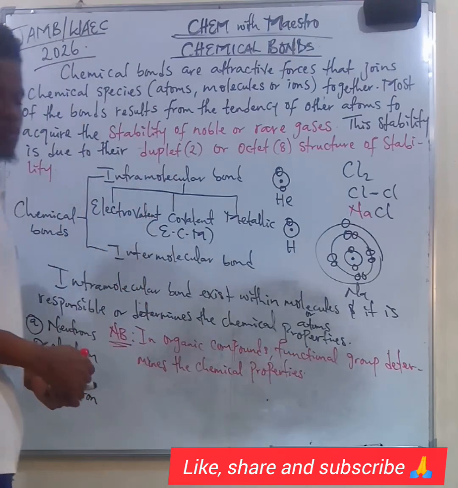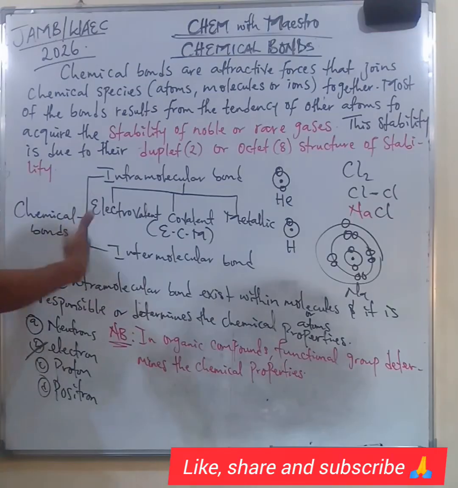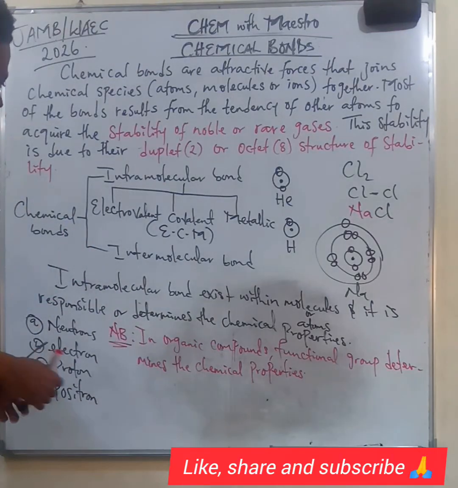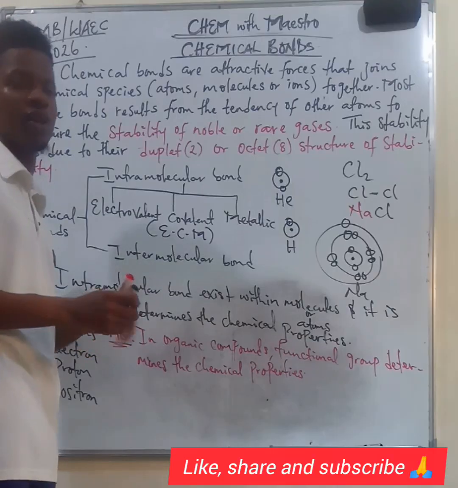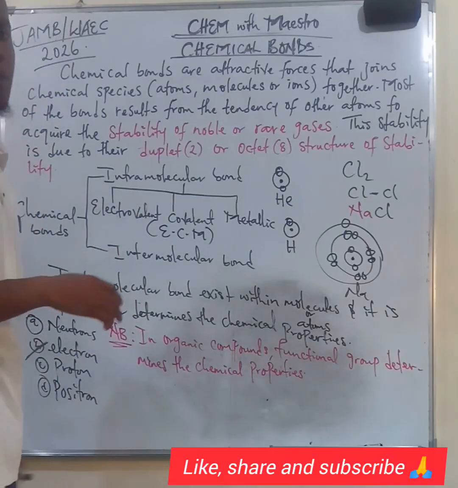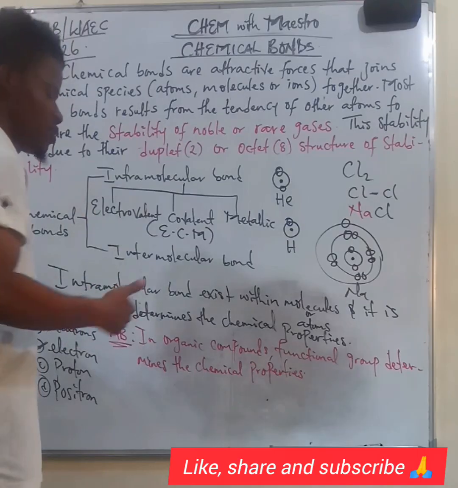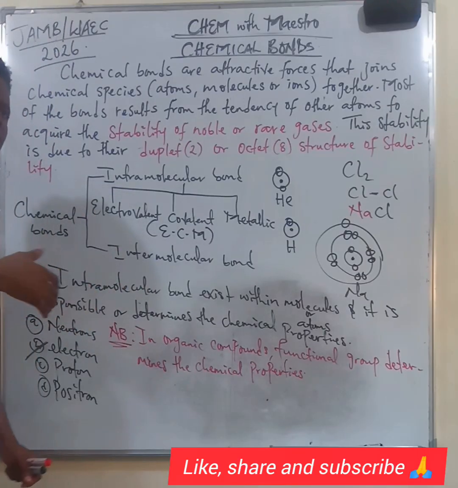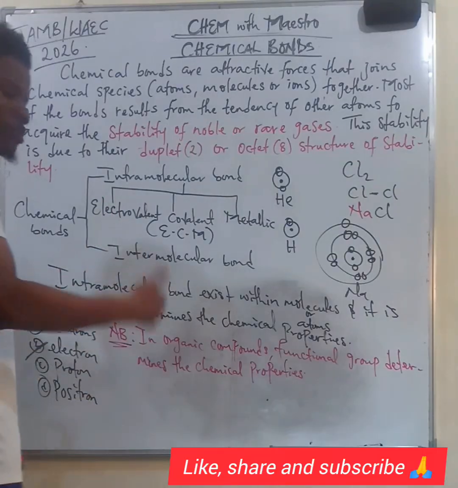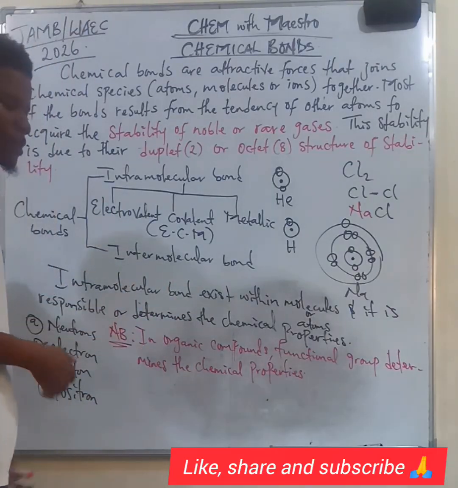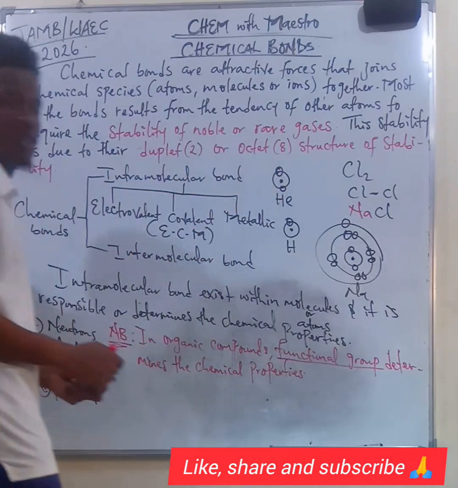So please take note, if you are asked for just normal O-level chemistry, probably you'll say what determines the chemical properties of atoms. Normal inorganic chemistry, what determines the chemical properties of atoms? What will you say? Electron. But when it is stated, what determines the chemical properties of organic compounds? What determines their chemical properties? So the answer becomes what? Functional group.